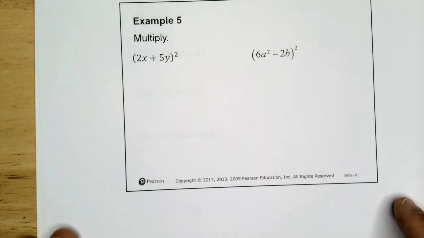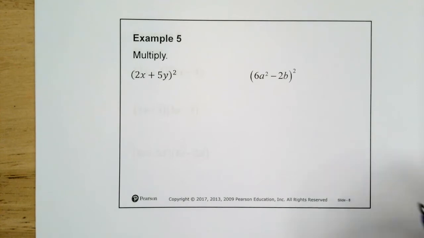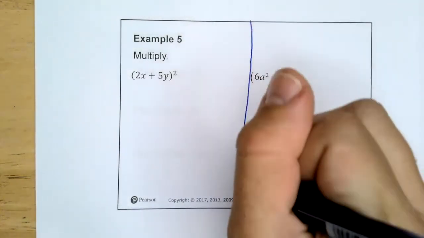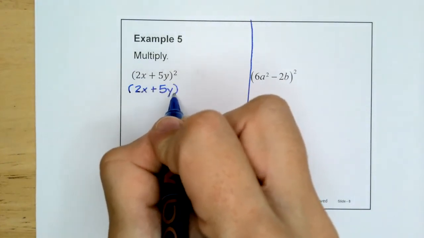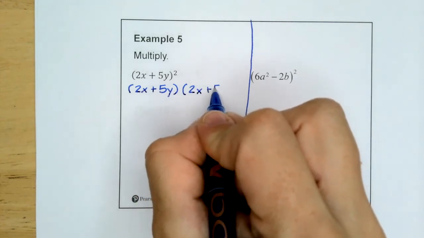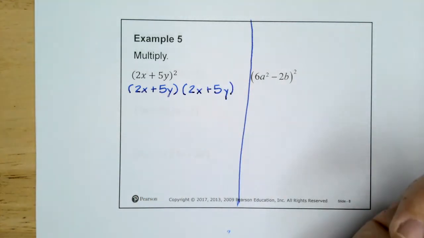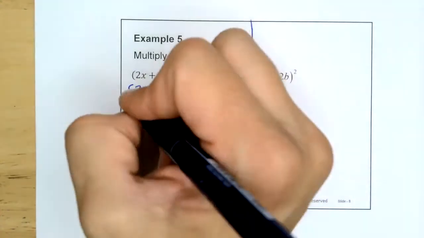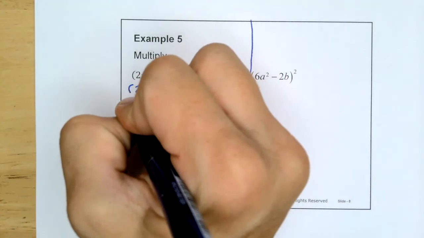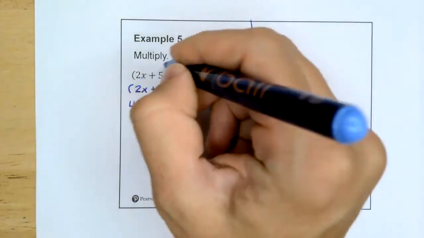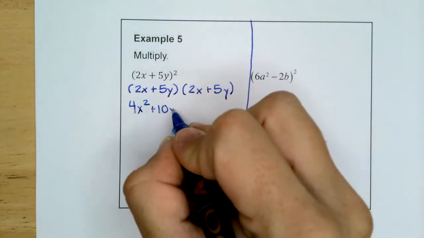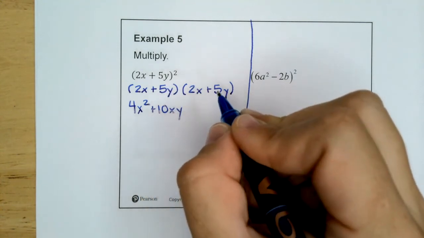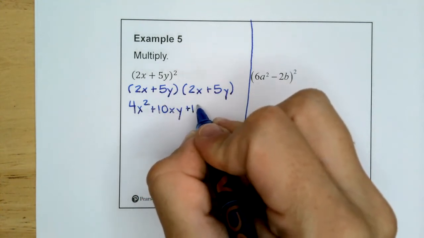All right. Multiply 2x plus 5y squared. That means it's 2x plus 5y times 2x plus 5y, right? 2x times 2x is 4x squared. 2x times 5y is 10xy. 5y times 2x is 10xy.